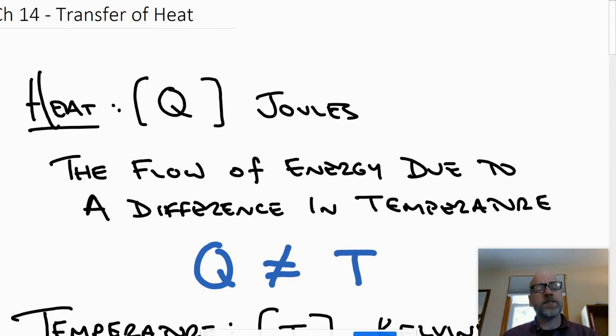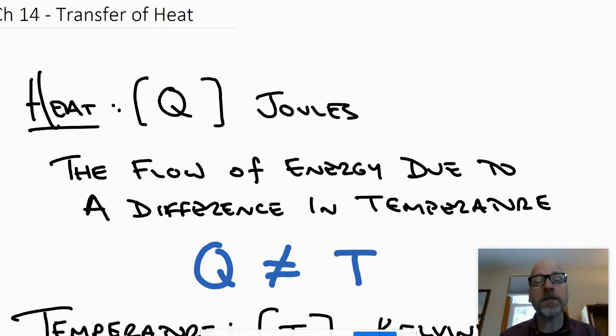Heat. We use the symbol capital Q for heat. You may remember that from calorimetry last year, or in chemistry 2 years ago when you did Q equals mc delta T. It's not charge, it's heat. We measure heat in joules, but heat has a very specific definition.